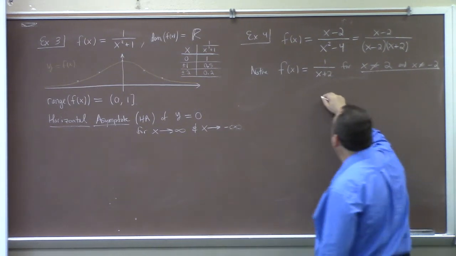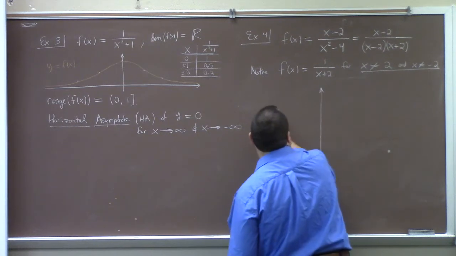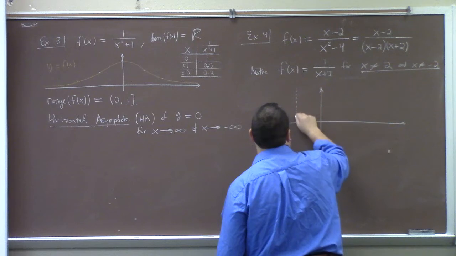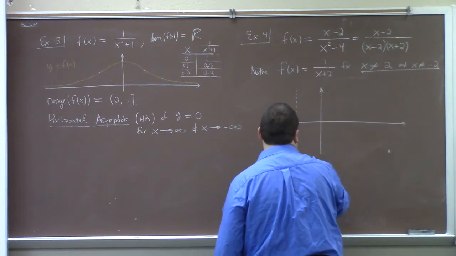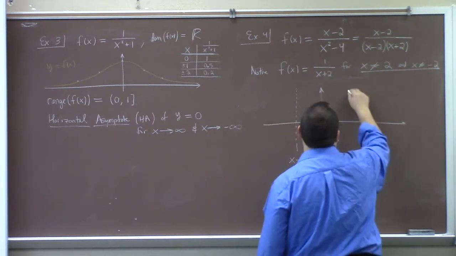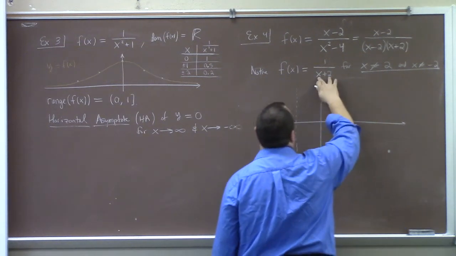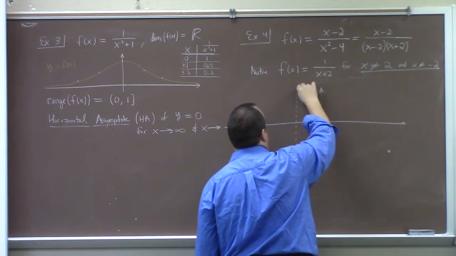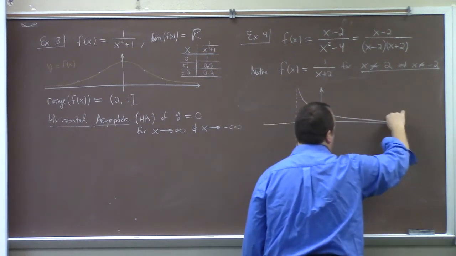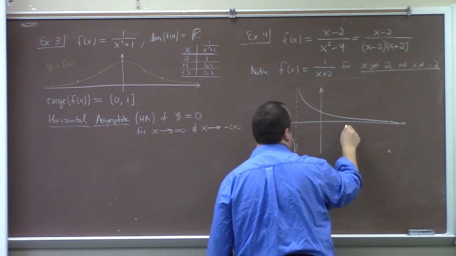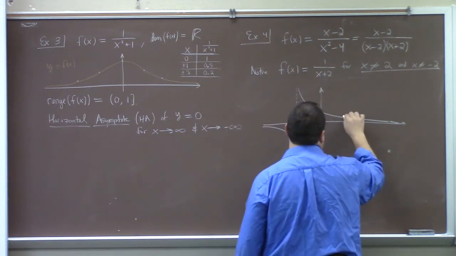So here we go. X equals minus 2 is my vertical asymptote. And so this is basically just the 1 over x graph shifted 2 to the left. So we know it looks like this, basically. And at 2, there's a hole.